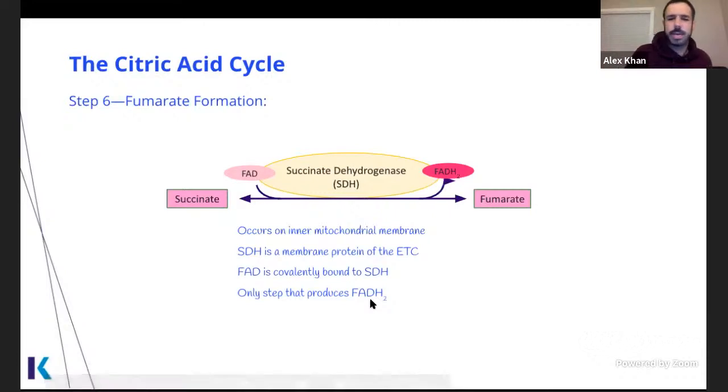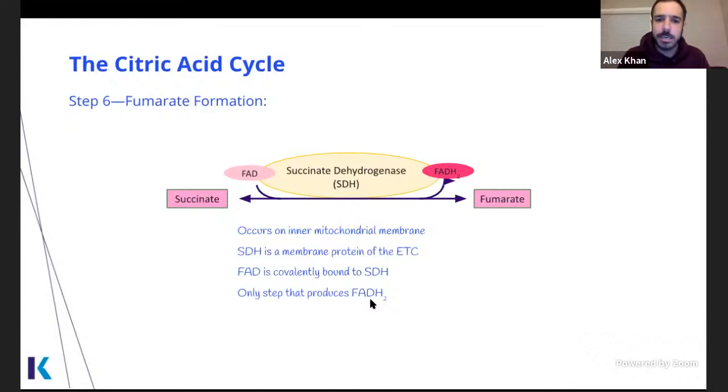Now, if you're wondering, why does it use FADH2? Why not use NAD+ and NADH? We already got that going, why change it up? Well, all of this is governed by oxidation and reduction. And determining if something gets oxidized or reduced is all based on relative strengths, like their reducing and oxidizing power, which we measure with reduction and oxidation potentials.